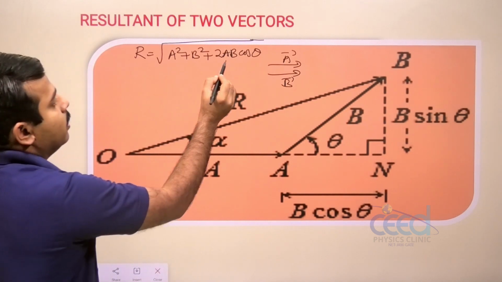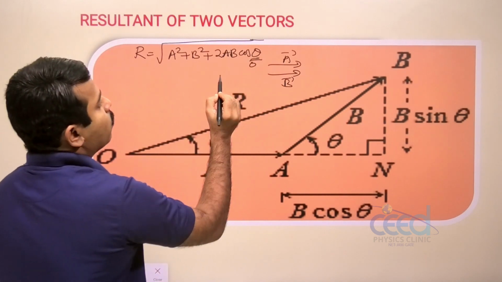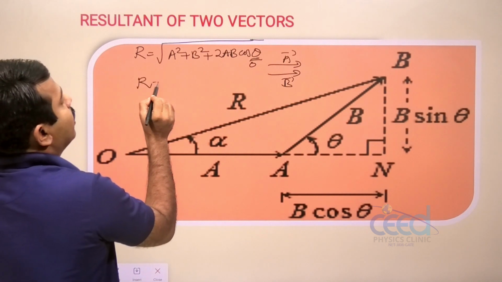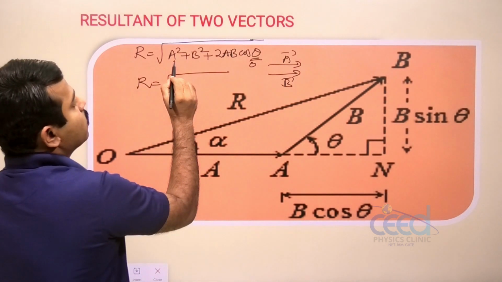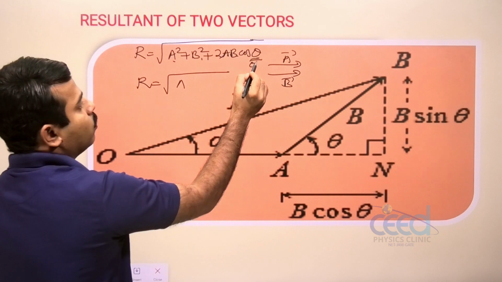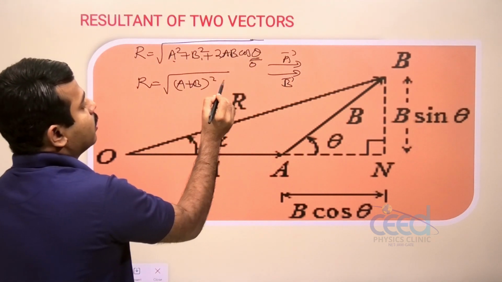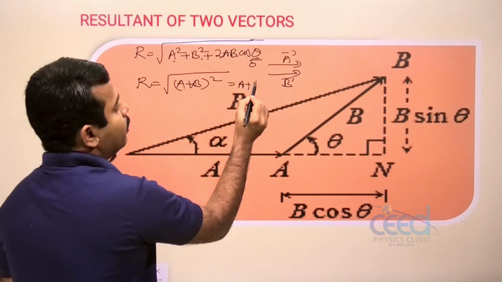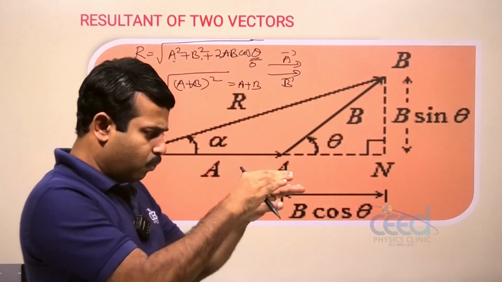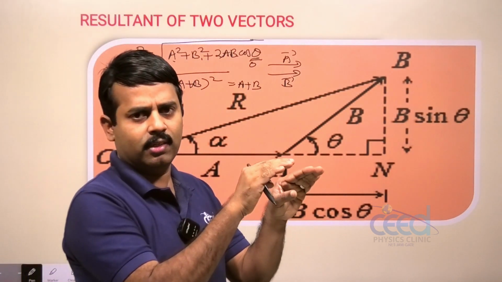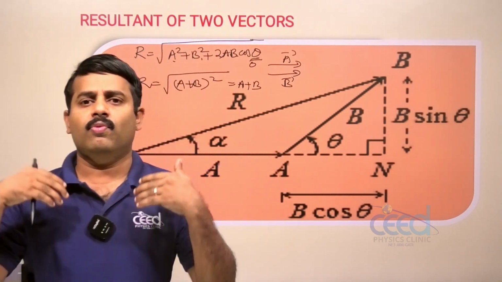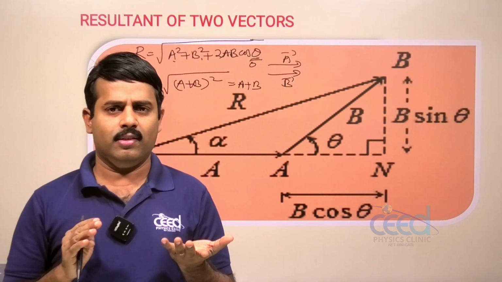Cos 0 is 1, so R is the square root of A square plus B square plus 2AB, which is (A plus B) the whole square, that is A plus B. So if two forces are acting in the same direction, the forces will be added.